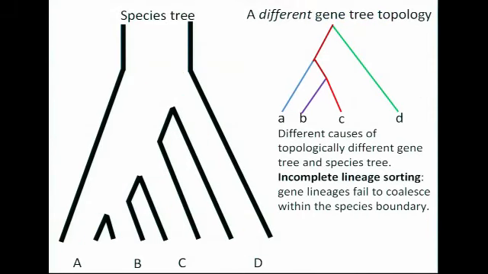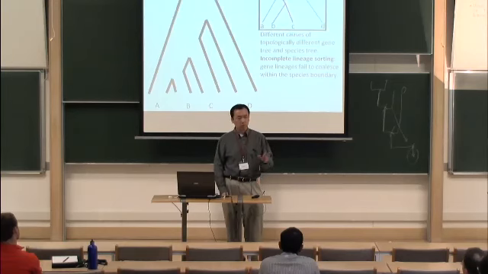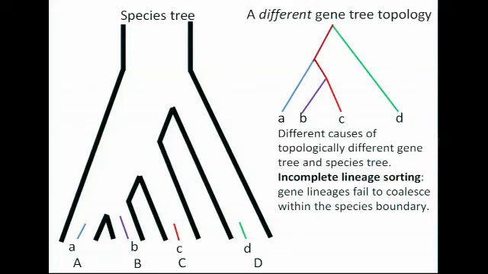The well-known phenomenon is called incomplete lineage sorting, which means in this species tree you can obtain many different gene tree topologies. For example, this gene tree is different from the topology of the species tree. To see how this is obtained, you can trace backwards in time, and here you can see A and B do not coalesce within this time T1.